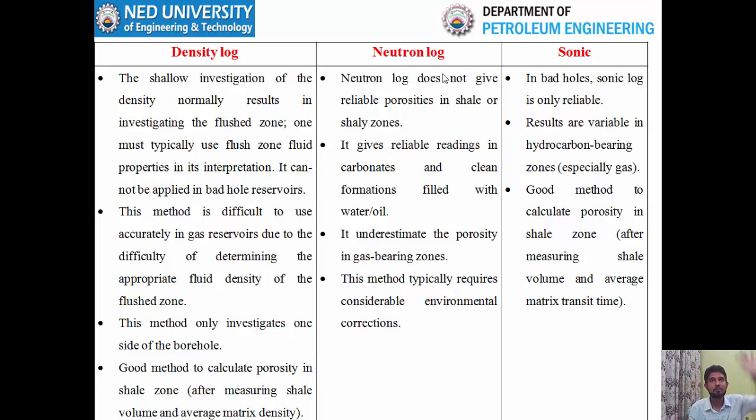So first you identify the pay zones, the most likely zones which can be pay zones, and you will calculate porosities in all permeable zones. At a particular zone, you will calculate porosity using three logs, and you will compare the porosities from these logs, and if the answers agree, basically your interpretation is correct. This is the conclusion.